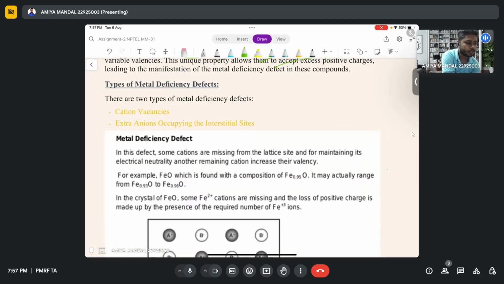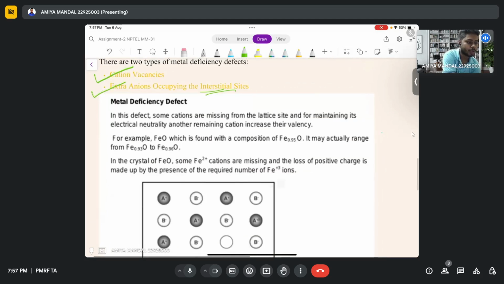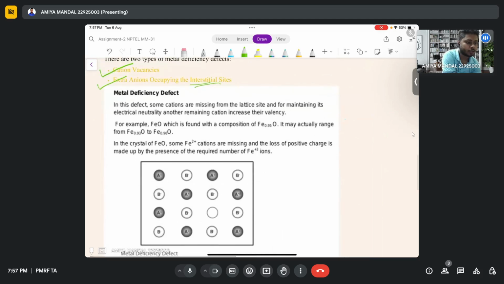So, types of metal deficiency defect. Number one, cation vacancy. There must be cation vacancy. Extra anion occupying the interstitial site also will happen. So these are two. And also a hole is created there. Iron oxide is an example of metal deficiency defect, with 0.05 deficient.